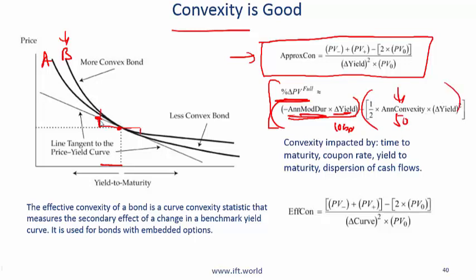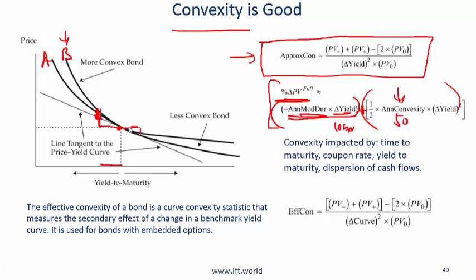Notice because of convexity, the pure duration formula doesn't give you a good answer. It is still falling short. So to make up that adjustment, you need to then add half times the convexity adjustment times delta yield squared. And again, all the yields will be in decimal. All right.